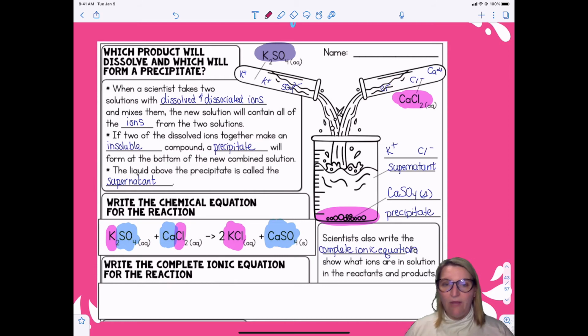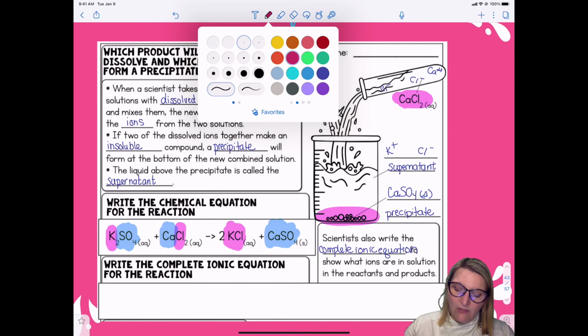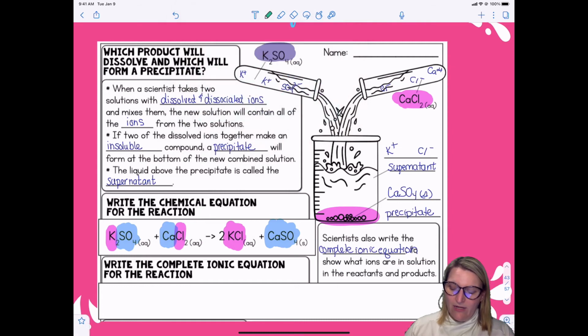And then the blue calcium and the blue sulfate come together to make calcium sulfate, and that is the solid. We'll learn how to tell aqueous and solid in the next video. So that's the complete balanced chemical reaction.